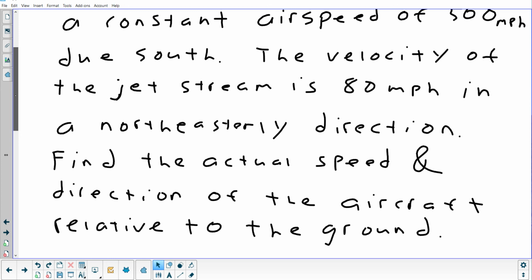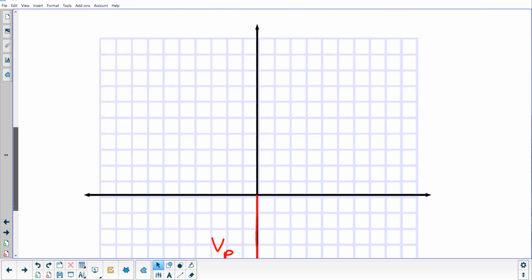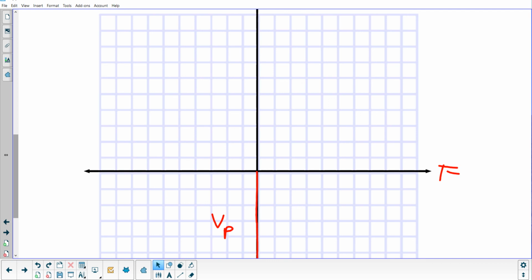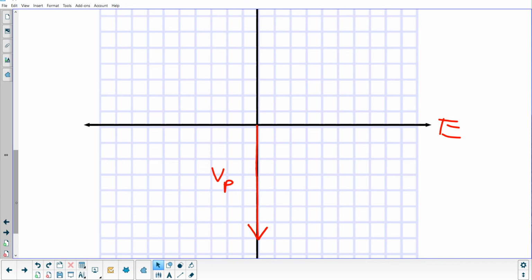Northeast. And when I say northeast, I mean exactly northeast. So if you think of a compass, this is east, this is north, and the jet stream is northeast. Now, we don't want to draw it as powerful as the plane, because it's 80 miles an hour, the plane is going 500. It doesn't have to be to scale, but it should be shorter. So there's our velocity vector for the wind.